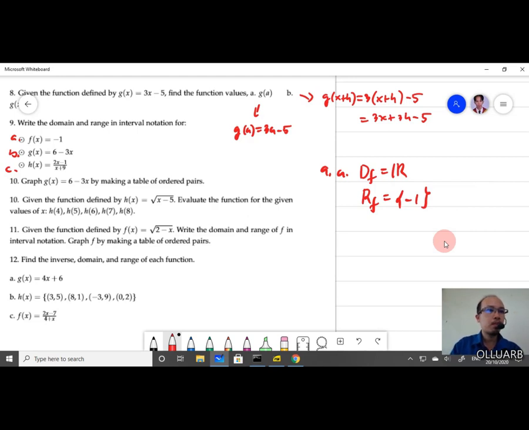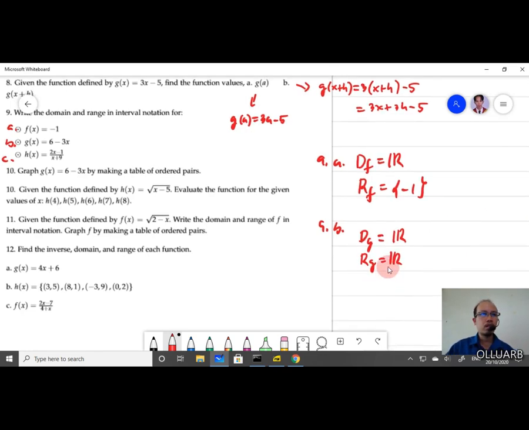This is the same as our previous example. 9 letter A, 9 letter B. The domain of the function g is linear, so the domain and range are the set of real numbers.